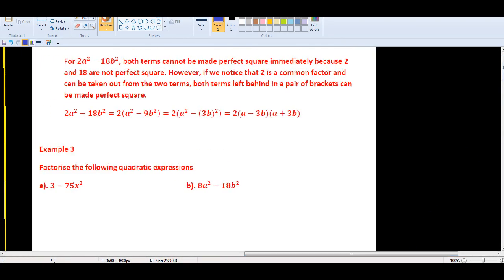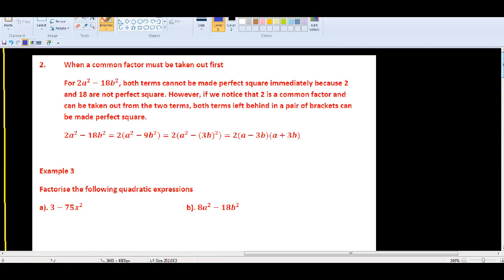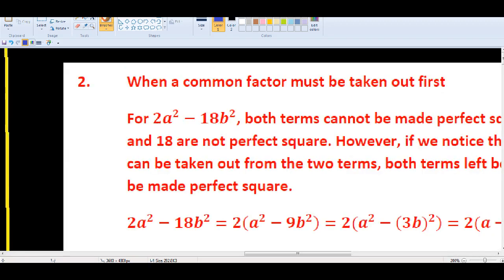So let's see some interesting case. Sometimes you have to take out a common factor. For example, let me zoom in, when you look at this one, 2a squared minus 18b squared.